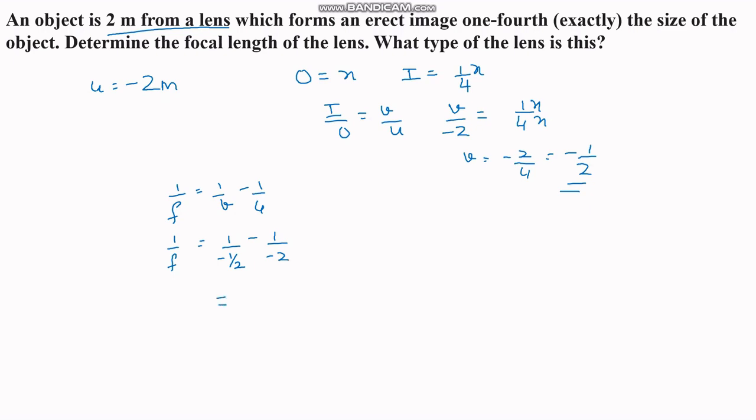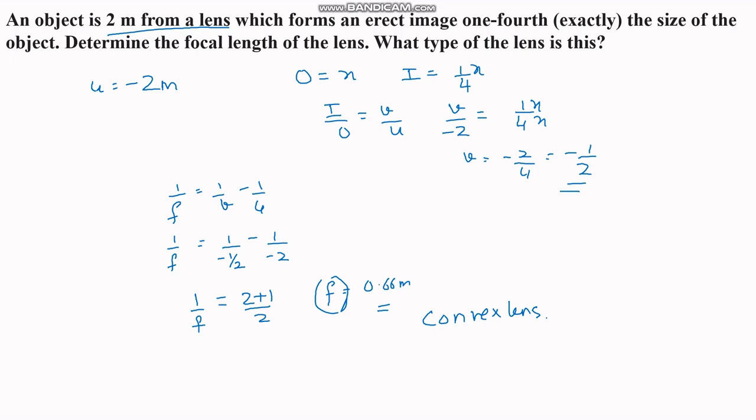So when you solve this, you will get this as minus 2 plus 1 upon 2. So f will be equal to 0.66 meter. Since you are getting f as positive, this shows that the lens is going to be what? Convex lens.